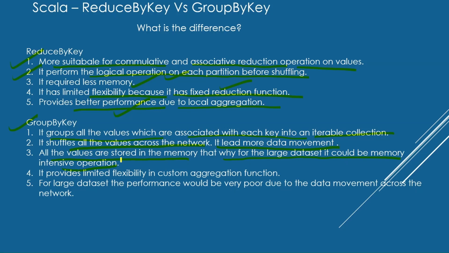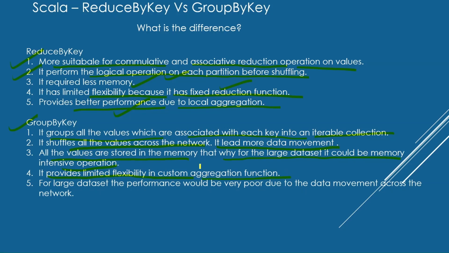So if the data is large, Spark does all the transformations in memory. If you want to store all that data in memory, that becomes a very computationally intensive operation. It provides limited flexibility in the custom aggregation function.